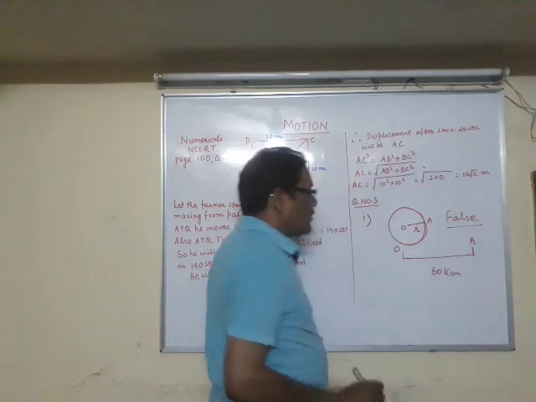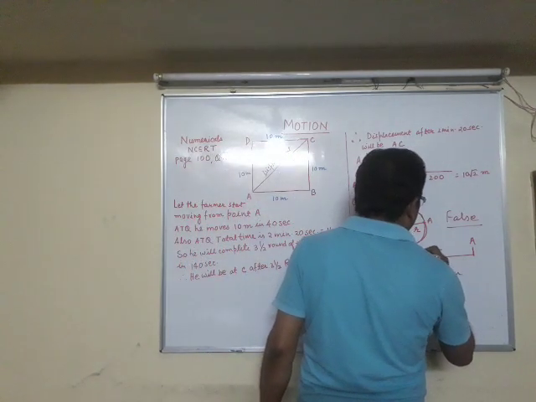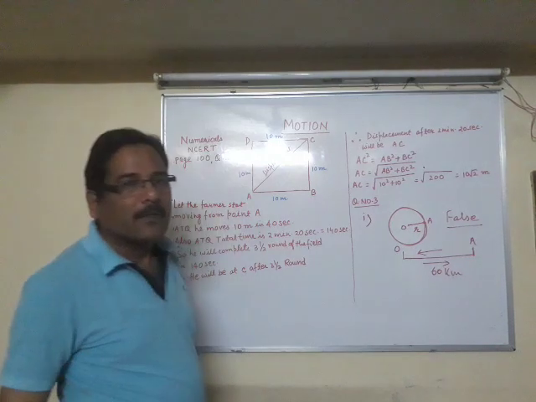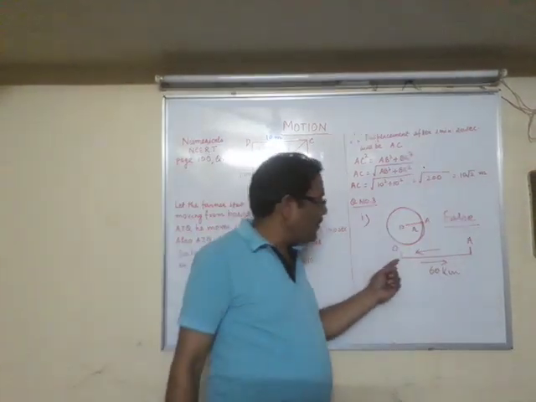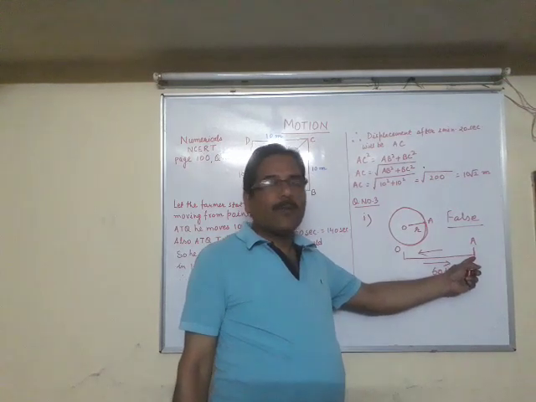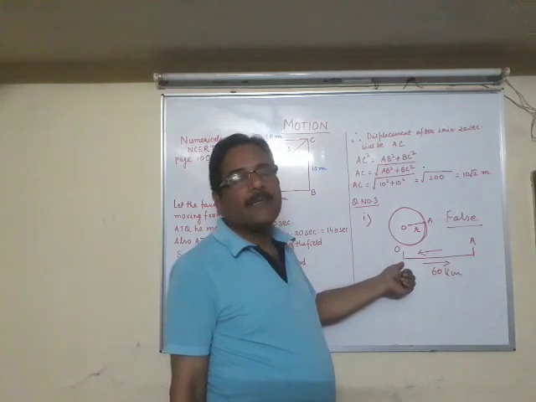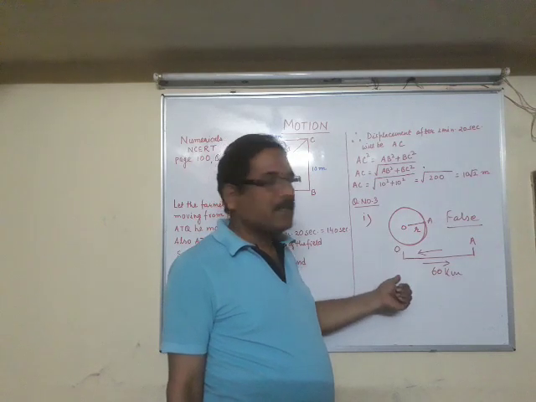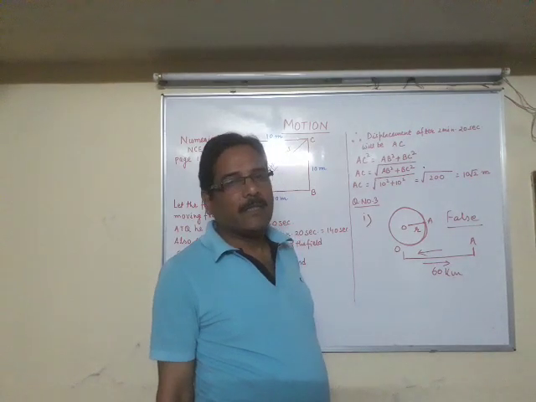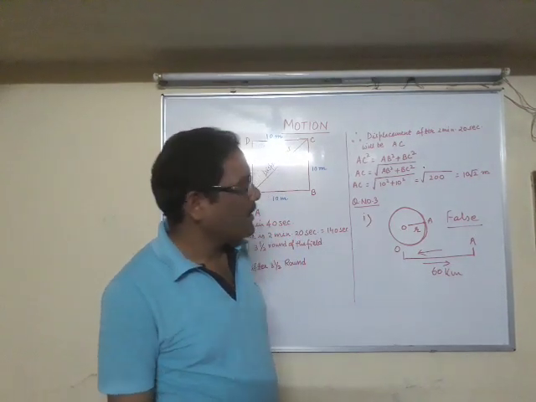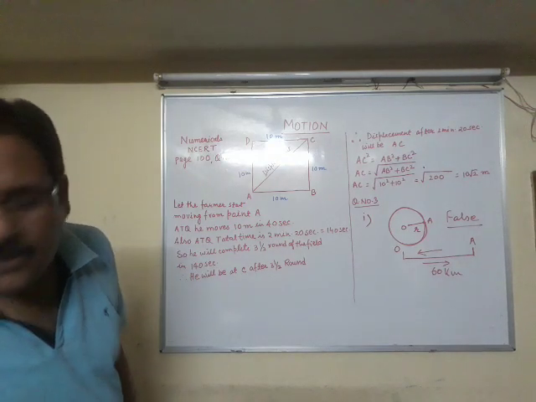It moves from O to A, so distance is 60 km, and then it returns back to O. So initial and final points are again the same. Displacement is 0, but distance is 60 plus 60, that is 120 km. So the statement that displacement cannot be 0 is false.